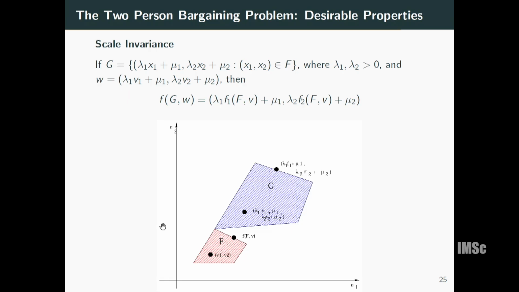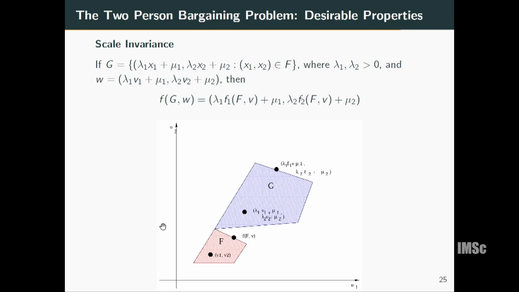So, the point here will correspond to some point here with some parameters lambda 1, lambda 2, mu 1 and mu 2. So, (x1, x2) here would become (lambda 1 x1 plus mu 1, lambda 2 x2 plus mu 2) here. Each and every point will be scaled by these fixed parameters. So, you are scaling this space to something else, transforming.